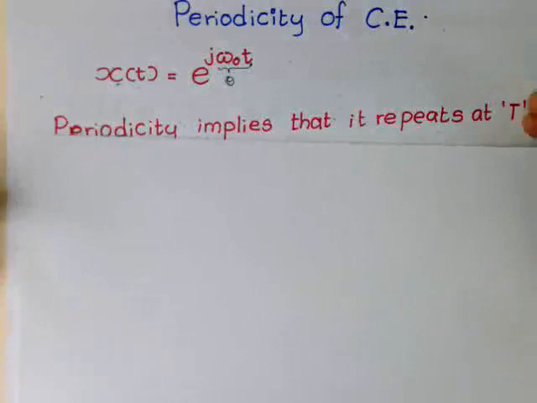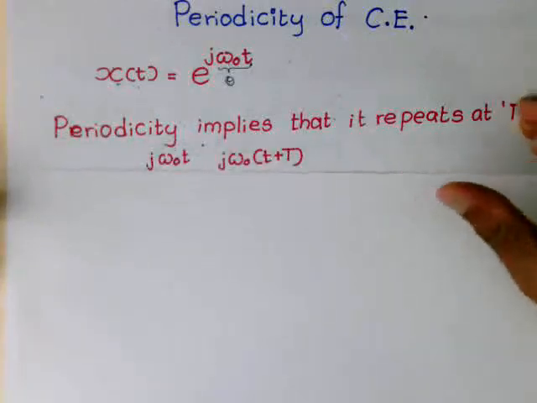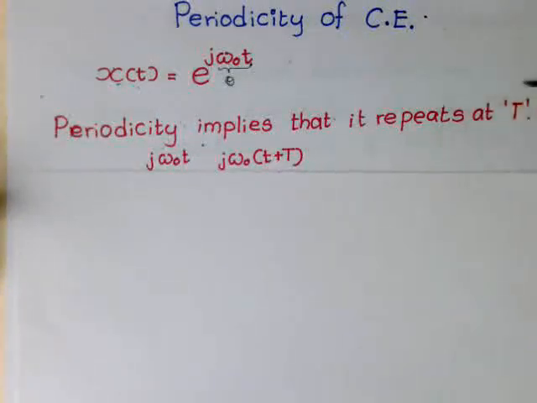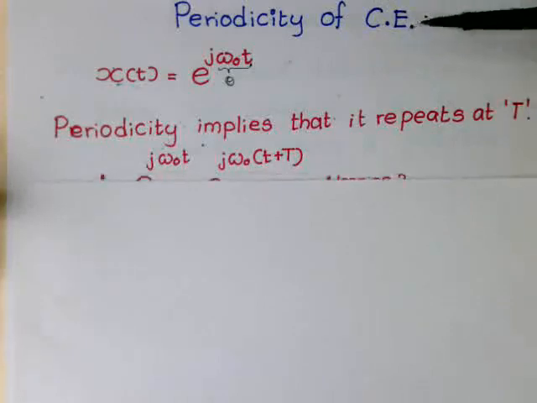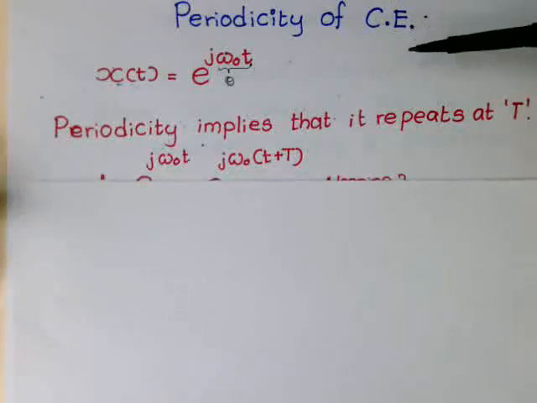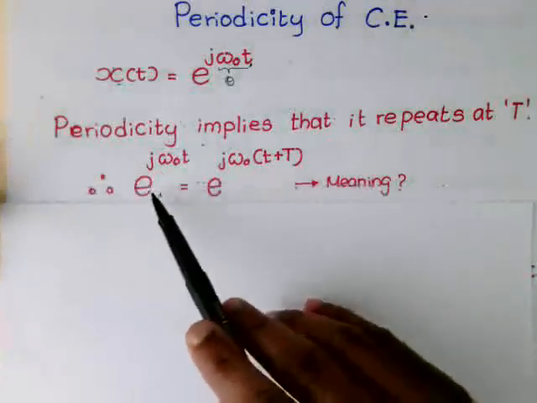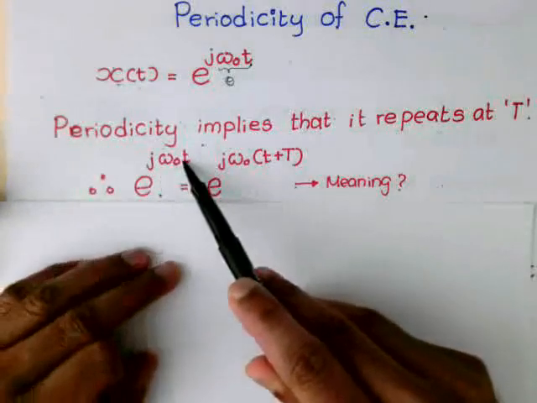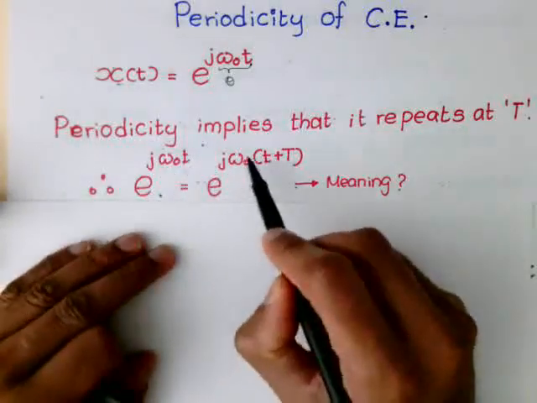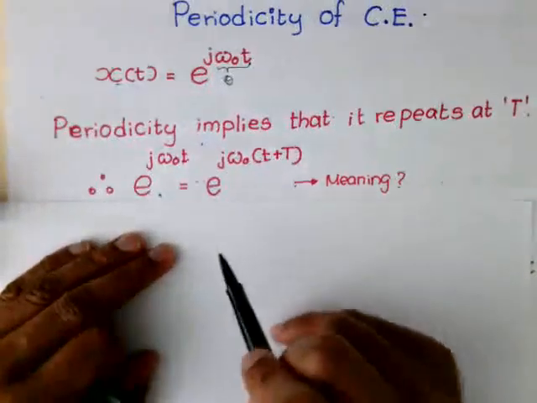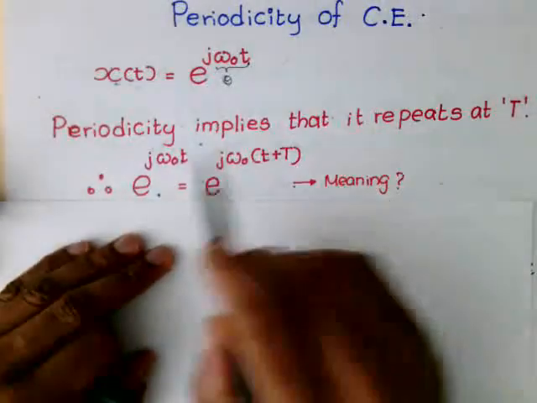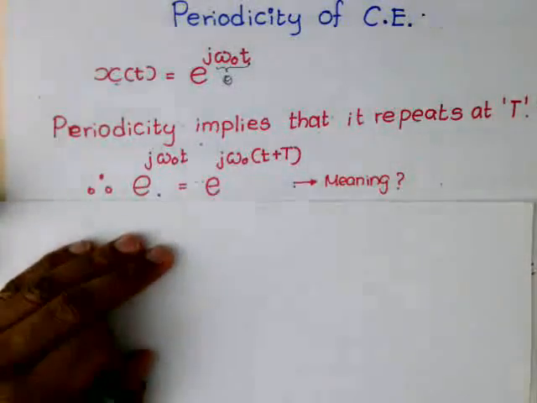Now with that in mind, if the complex exponential is periodic, that means e^(j omega naught t) should equal e^(j omega naught (t plus T)). These two need to be equal.